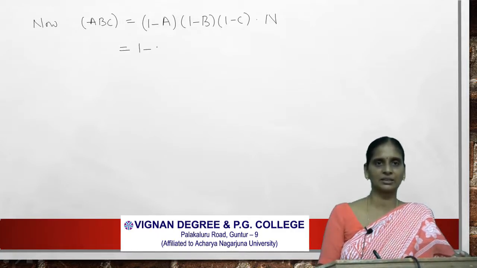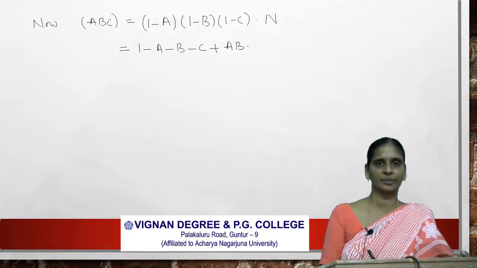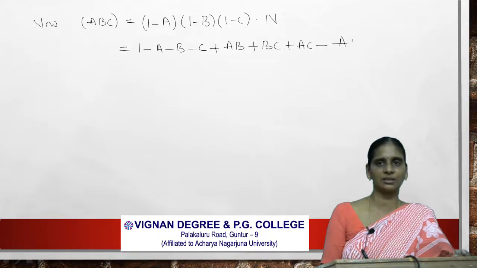By the multiplication of 1 minus a, 1 minus b and 1 minus c, we get 1 minus a minus b minus c plus ab plus bc plus ac minus abc, into n.